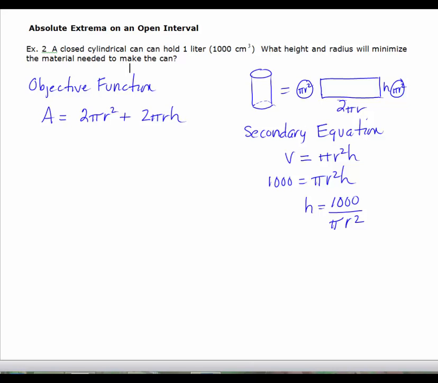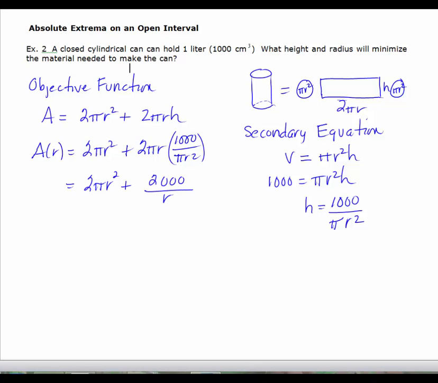Now, my goal was to rewrite the objective function in terms of one variable, so I'm going to eliminate h. So I'll have A as a function of r. I'll have 2 pi r squared plus 2 pi r times the 1,000 over pi r squared, or 2 pi r squared plus 2,000 over r when I simplify.